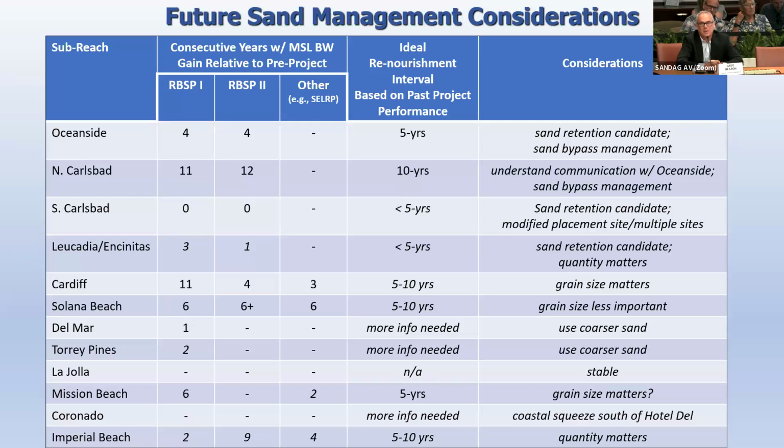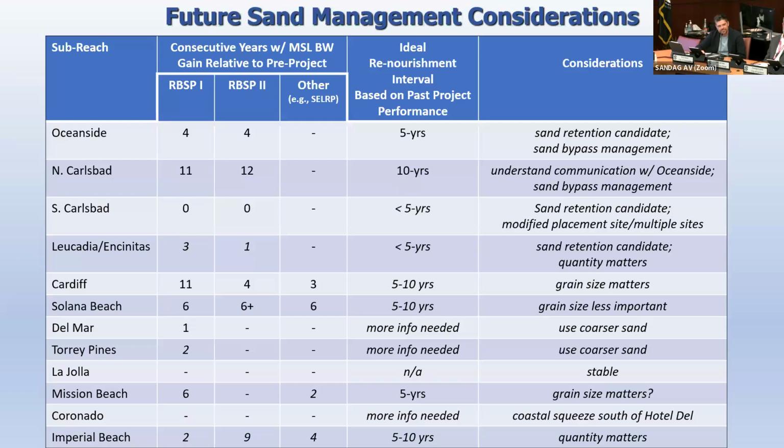Right. The second piece was under the future sand considerations. I saw that South Carlsbad and Leucadia and Sanitas are at the less than 5-year mark, and we're at the 5-year mark. I know it's right on the line, but noting that the erosion of Oceanside is in between those two, I'm wondering if they should all be in the same exact area.